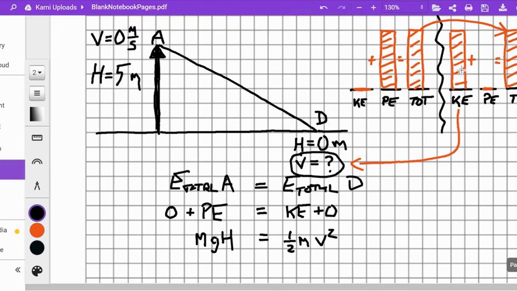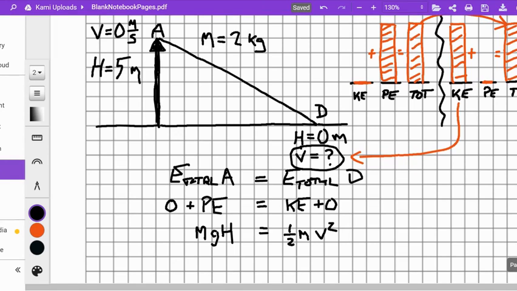So now we've used our bar chart to write an equation, and now we can solve it. So we need some information here. I never told you the mass of the object. Let's just write that up here. So the mass, let's just say it's equal to 2 kg. And so now I can plug in my numbers here, and I've got 2 times 9.8 for G. And my height at A is 5 meters, times 5.